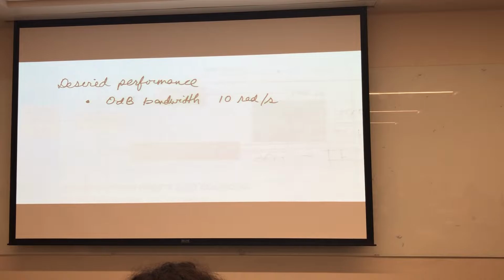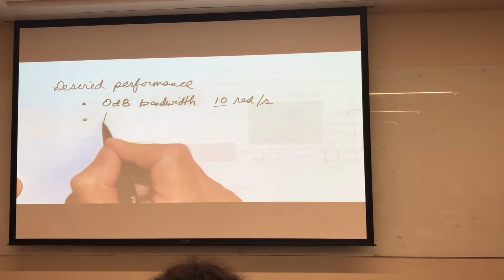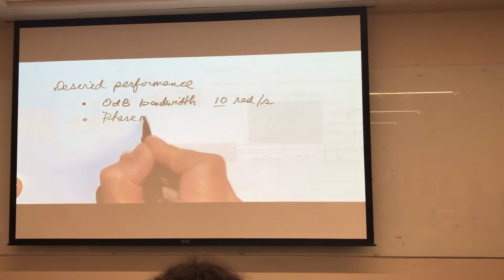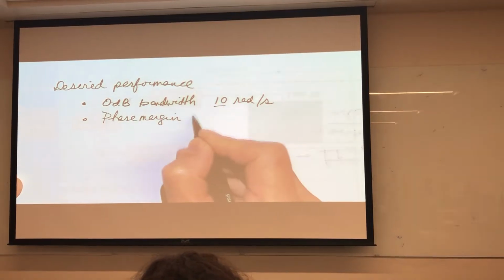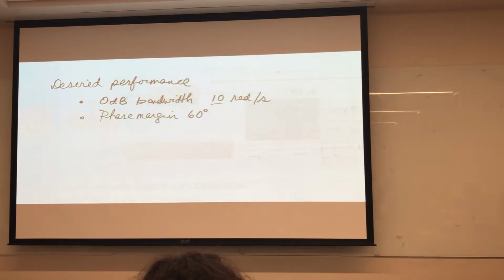Bandwidth is telling me how quickly this thing responds. So let's just say for sake of argument, I just choose 10. And I desire a phase margin of 60 degrees. That's our desired performance.